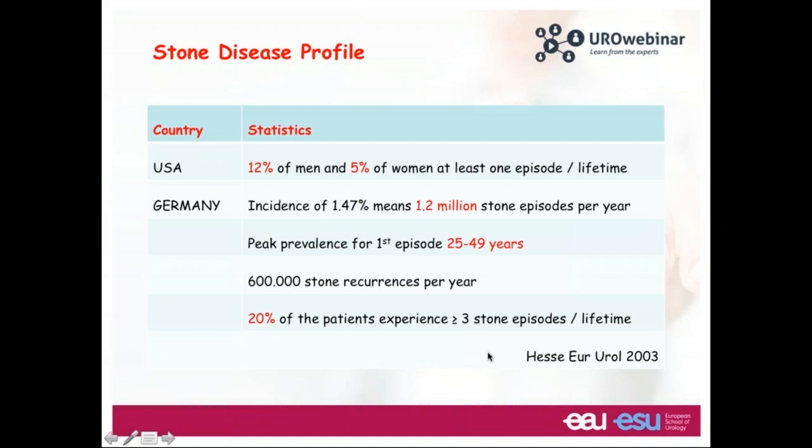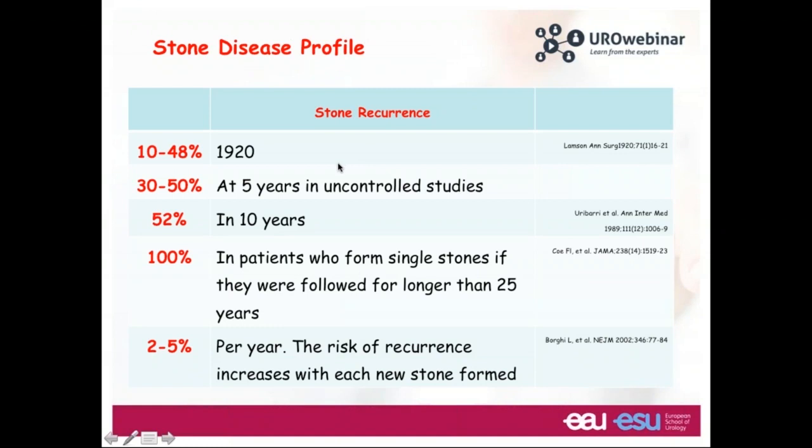Regarding the stone recurrence, it really depends on how long you will follow up your patients. If it is for 5 or 10 years, approximately 50% will recur. But if you follow the patients for more years, let's say up to 25 years, then all of our patients will form a stone again.